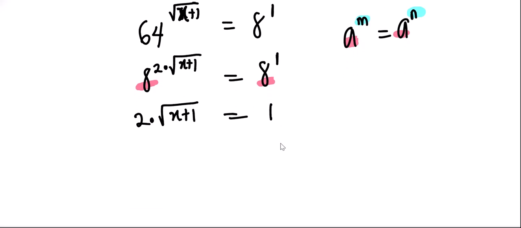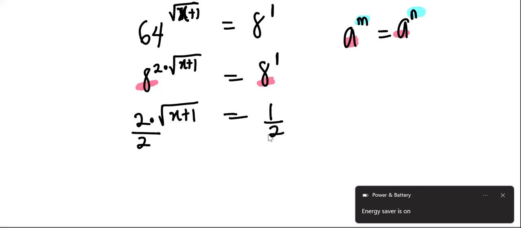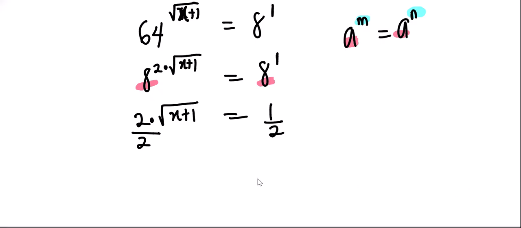From this, we can divide both sides by the coefficient, which is 2. So here, the 2 cancels out the 2. On the left-hand side, we're going to have the square root of x plus 1 equals half.